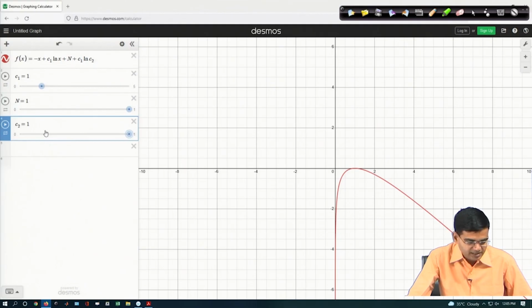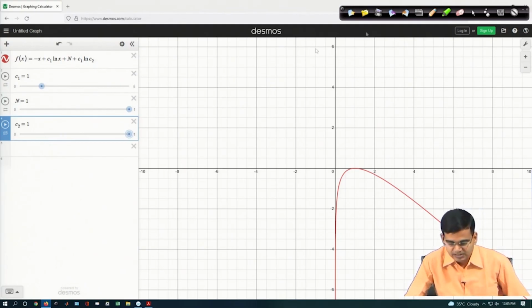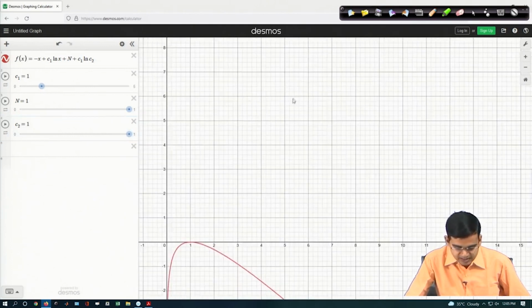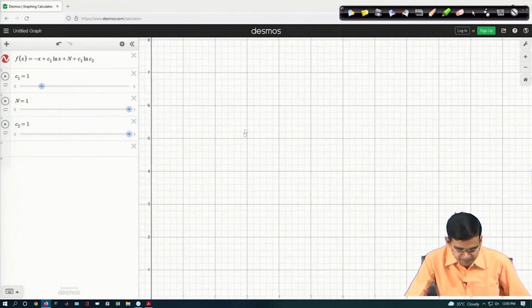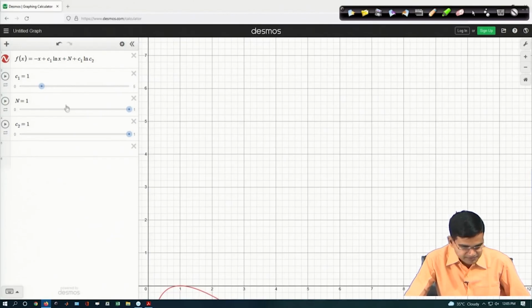okay. And therefore, now I will tweak around this to get the phase lines. Okay. So, let us see what happens. I change the number of susceptibles, and I change this ratio, and this is what happens.